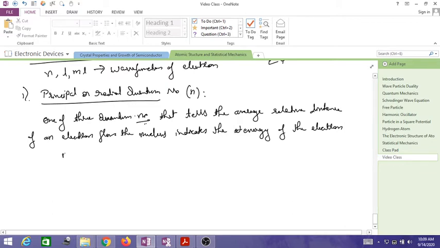That is represented by a variable n, and it has values 1, 2, 3, 4 and so on. It can take any integer value.